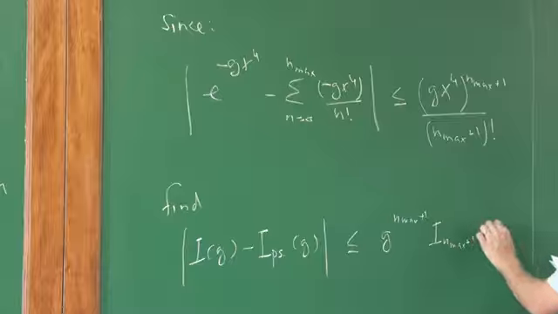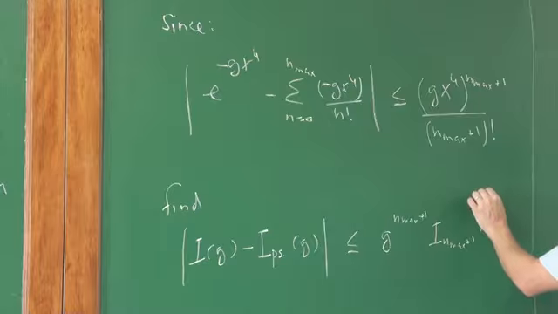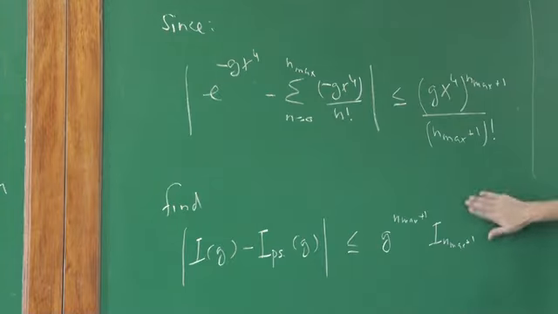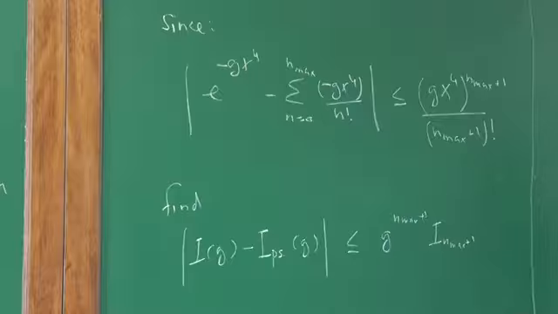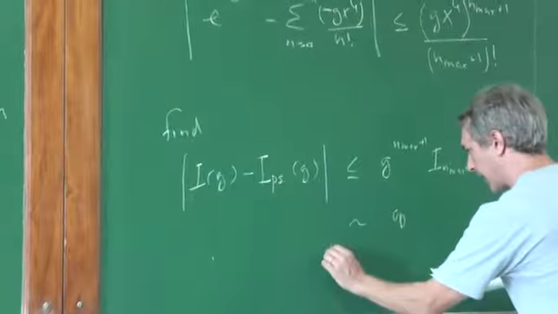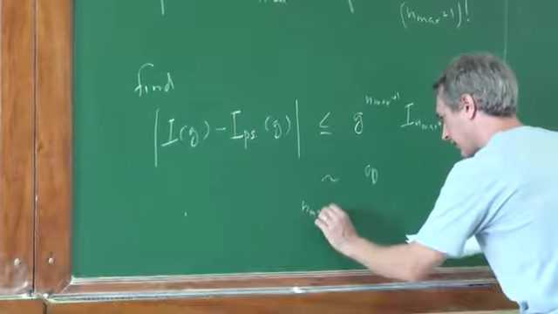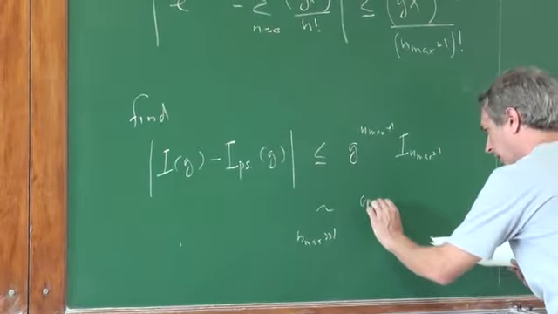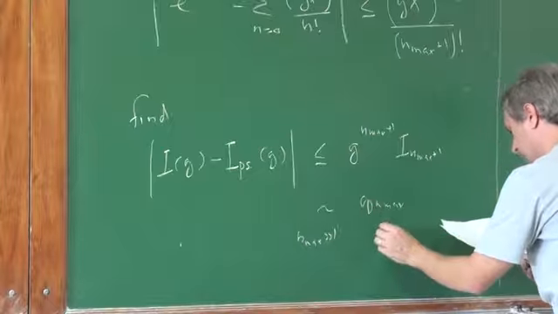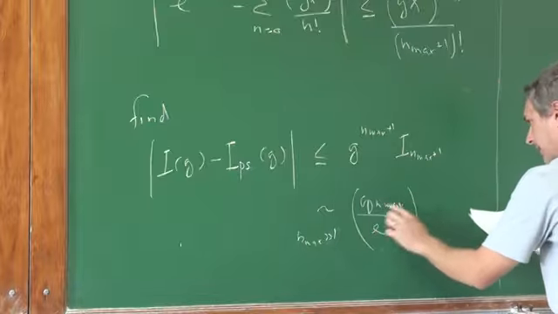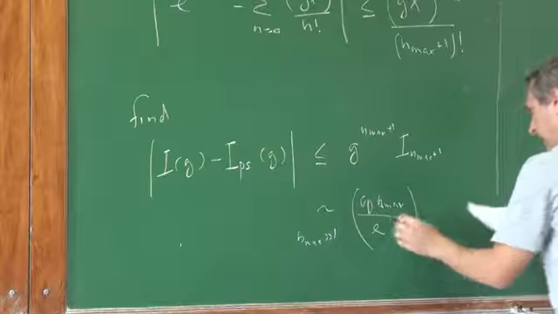And if we already anticipate that n max is much larger than 1, which we should confirm self-consistently later, then we can use the estimate that we had before and express this as what we found.